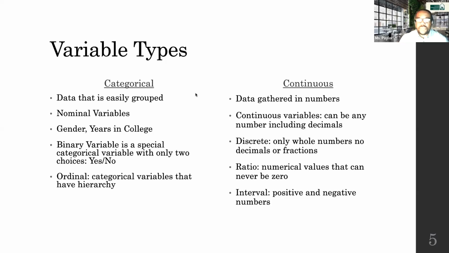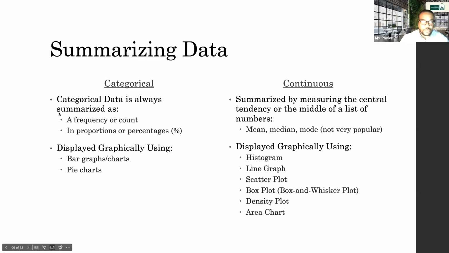It's really important to remember the types of data, be it categorical or continuous, because that will determine how you analyze that information once you have the data in front of you. So when we want to put our data together, our categorical variables are always going to be summarized as a frequency or count. And then they can be expressed in proportions or percentages.